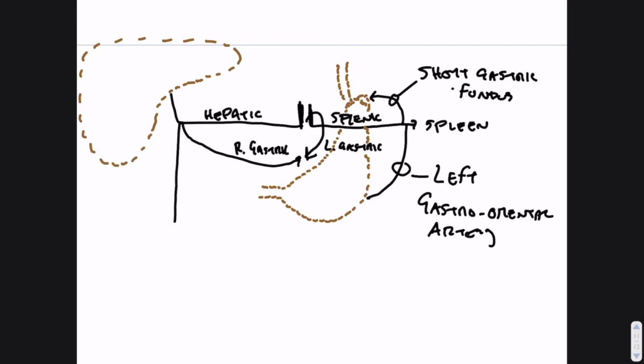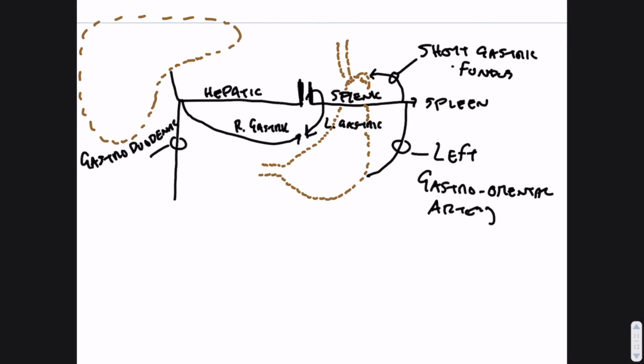And this is a little far, or a little extended, more so than in real life, but again, it's just a diagram. So the branch that comes off like this, we call this the gastroduodenal artery. It's going to supply a part of the stomach as well as the duodenum.